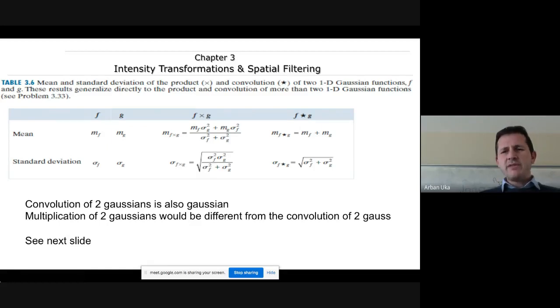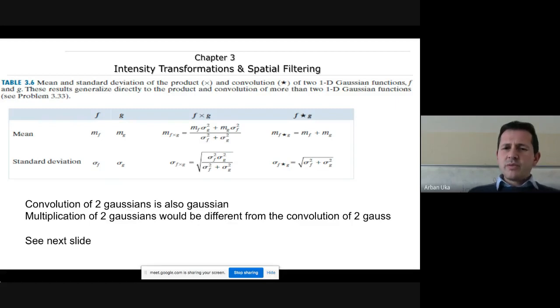Many functions, when you take a Fourier transform, look different, like butterflies, meaning that the frequency spreads differently. But if you are going to forget things, the last thing you should forget is that the Fourier transform of a Gaussian is a Gaussian. That's one nice property of these beautiful functions.